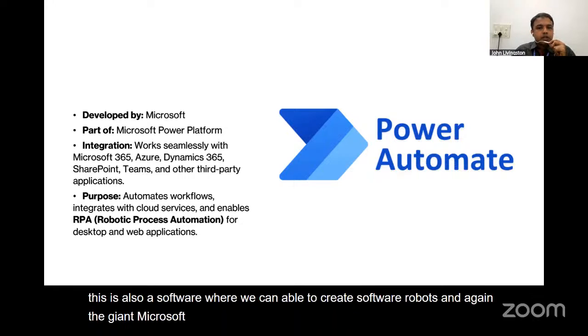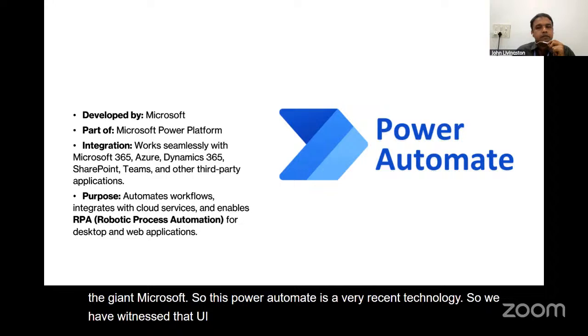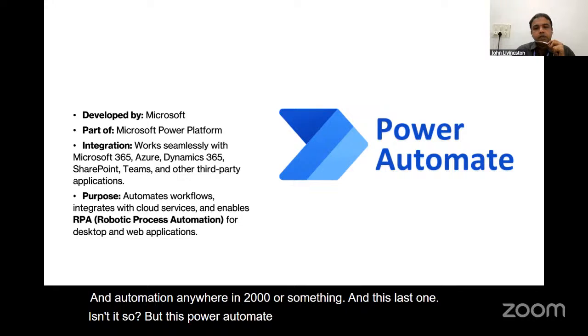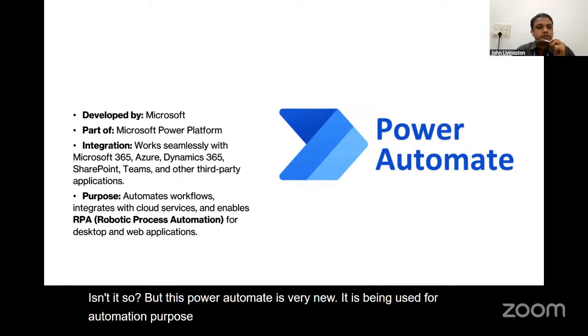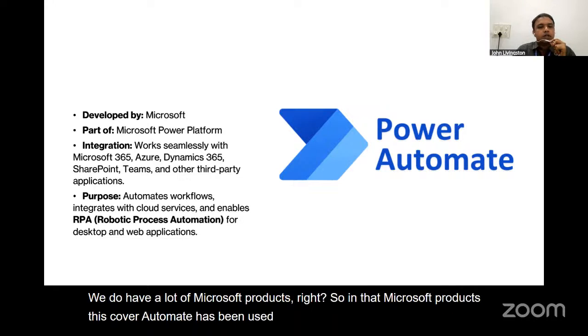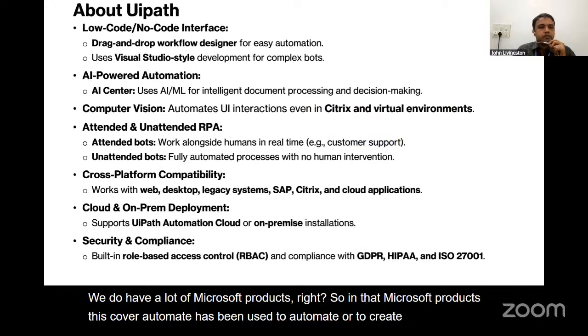This Power Automate is a very recent technology. You have seen UiPath in 2005, Automation Anywhere in 2003, and Blue Prism in 2001. But Power Automate is very new. It is being used for automation in Microsoft products. We do have a lot of Microsoft products, right? In those Microsoft products, Power Automate is used to automate or to create software robots.